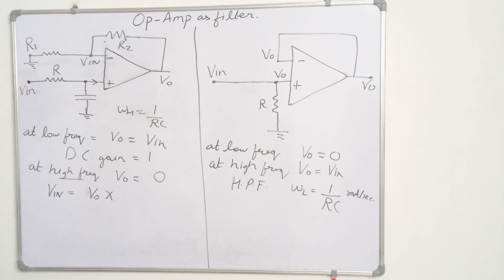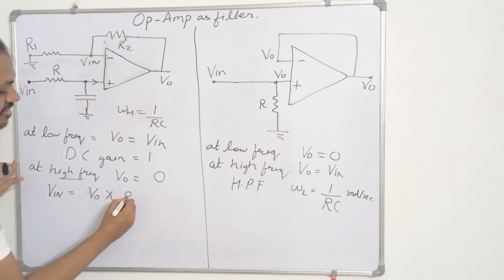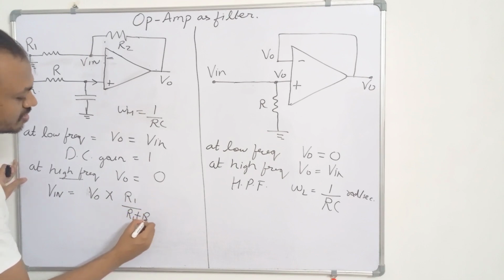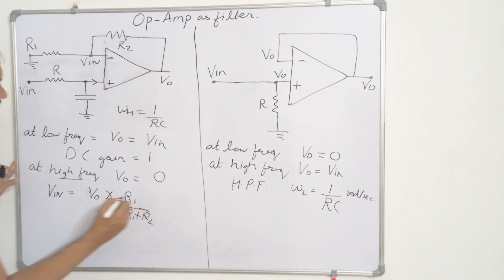So in this figure the voltage of the inverting terminal V in equal to V naught into R1 upon R1 plus R2 by voltage divider rule.